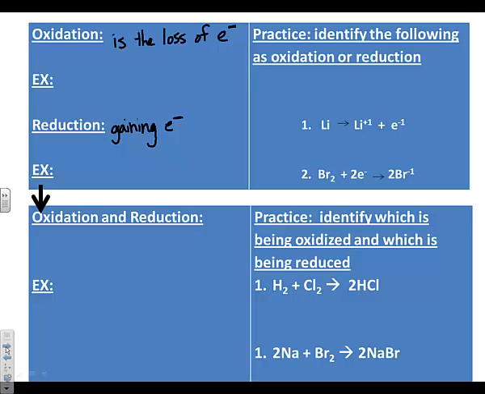Okay. So is there a good little mnemonic that goes along with this, or a good way to remember which one's which? Yeah, you know what? I remember OIL RIG. What does that stand for? So how does that help me?